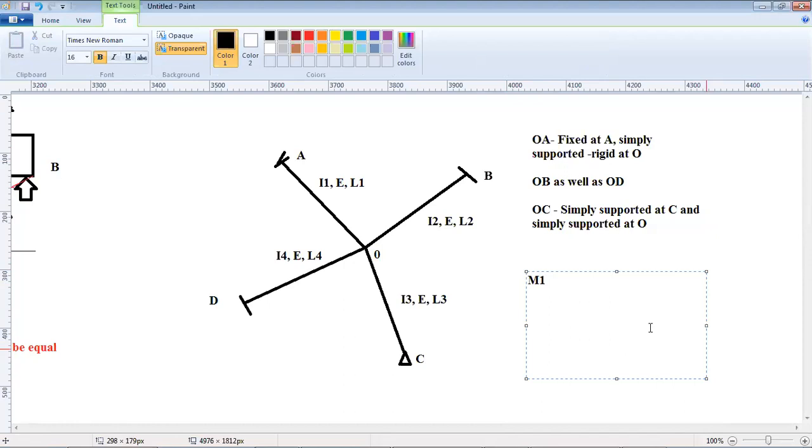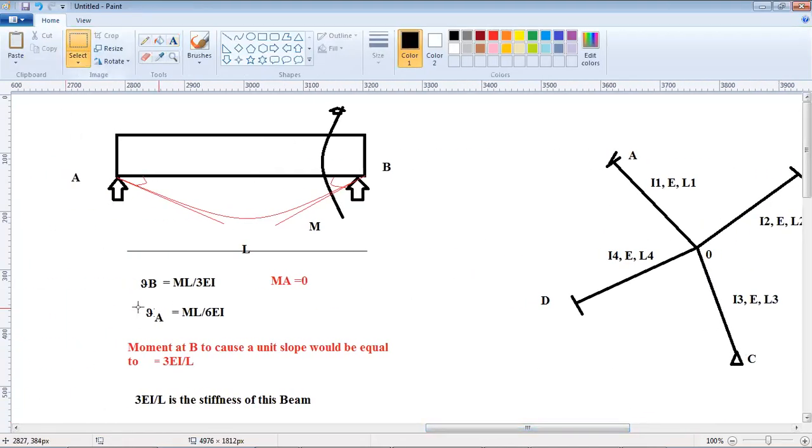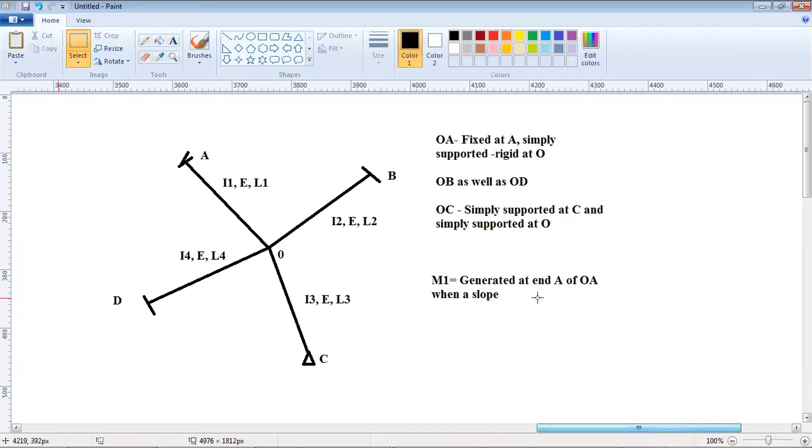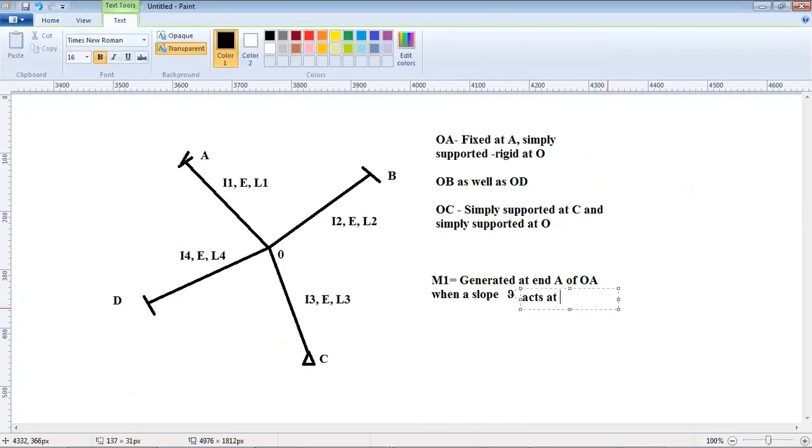M1 is the moment that is generated at end A of OA when a slope theta acts at end O of OA.